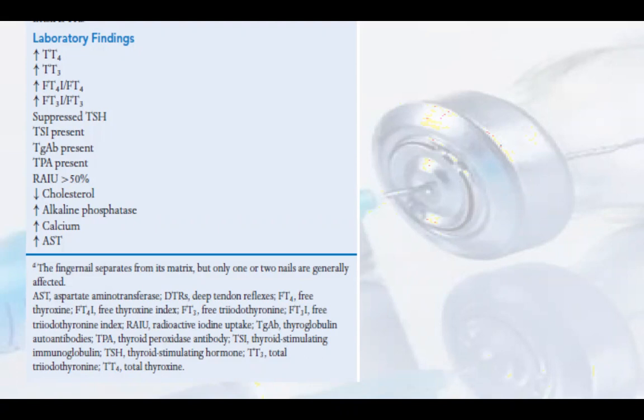You can check the abbreviations over here: AST is aspartate aminotransferase, DTRs are deep tendon reflexes, FT4 is free thyroxine, FT4I is free thyroxine index.